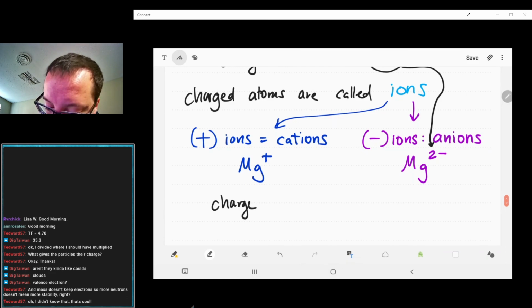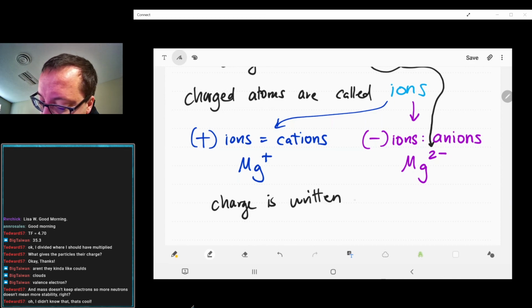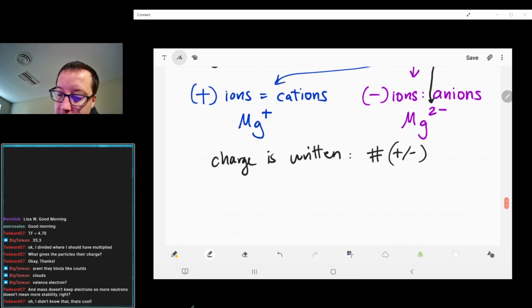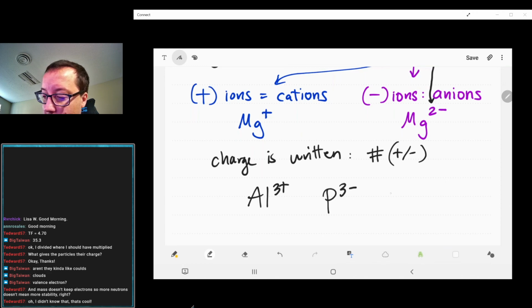For example, aluminum 3 plus, phosphorus 3 minus, carbon 4 minus, fluorine minus, whatever. So we always write the number first and then the charge.